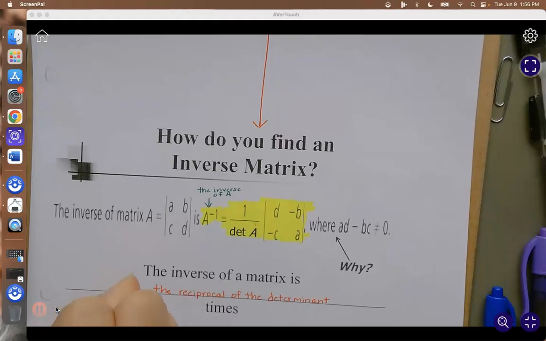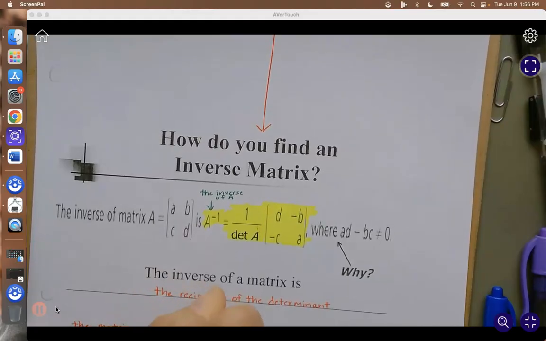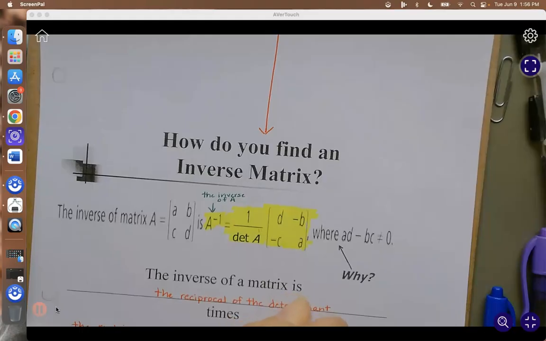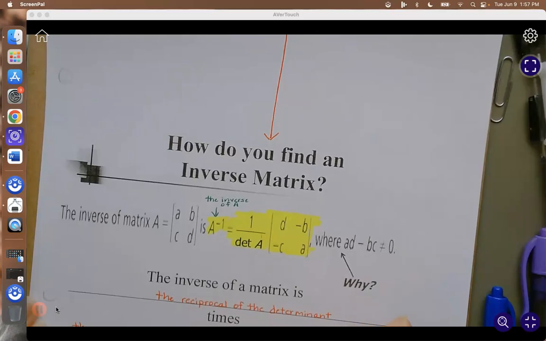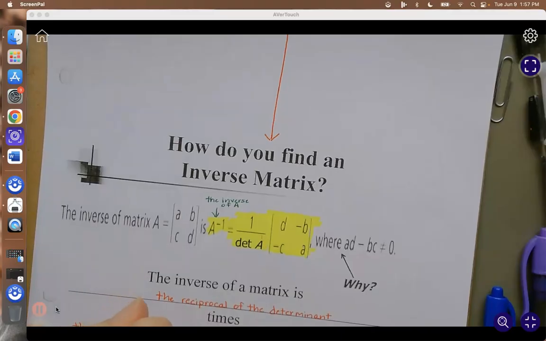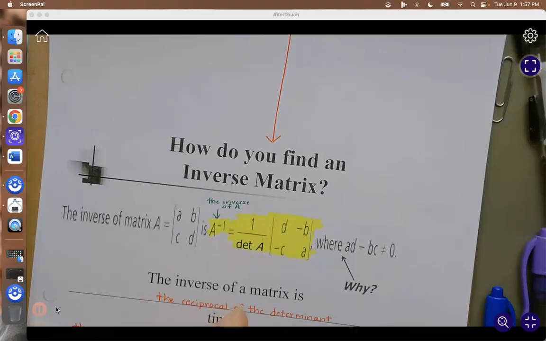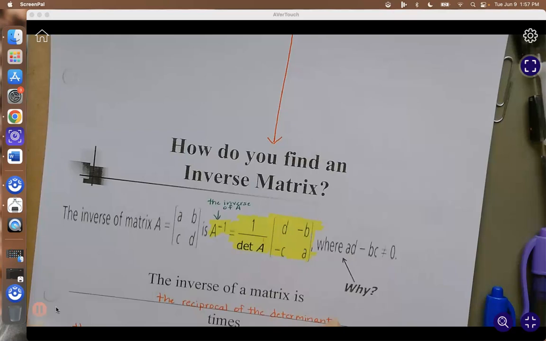the matrix with the main diagonal swapped and the other terms multiplied by -1.